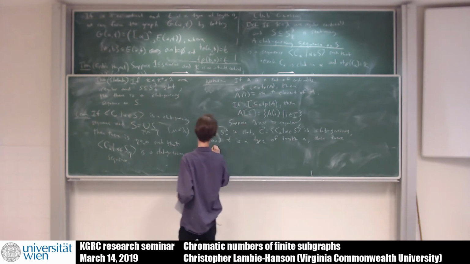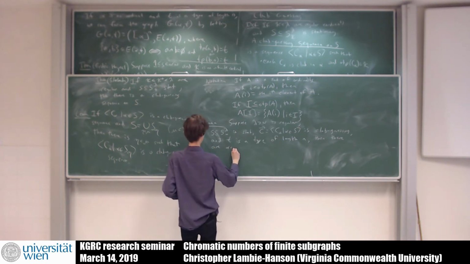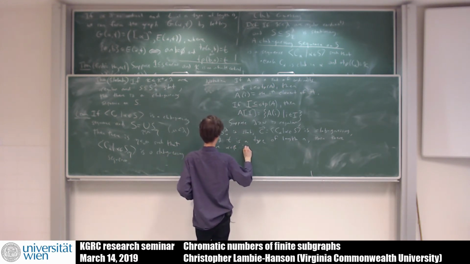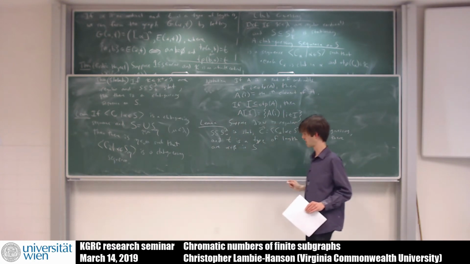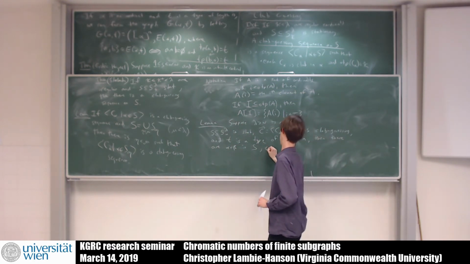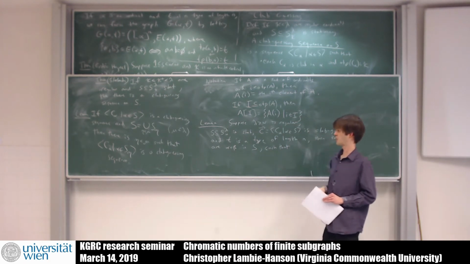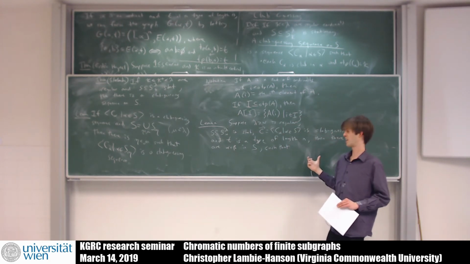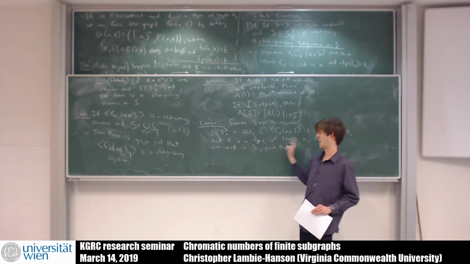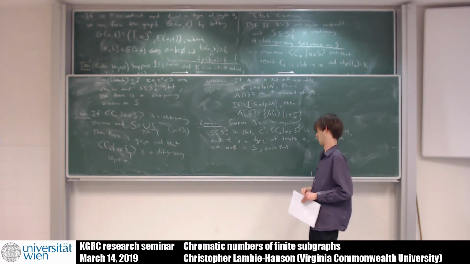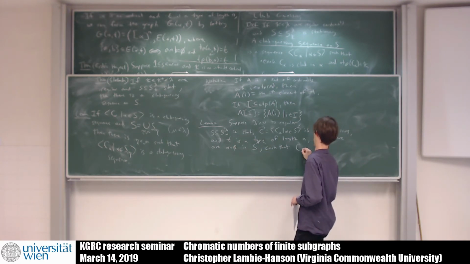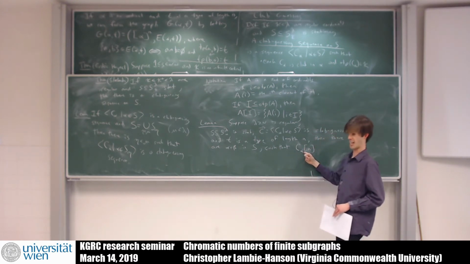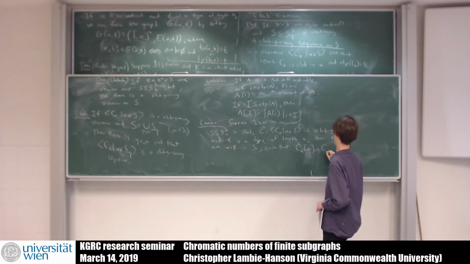Then there are alpha less than beta, both in S, such that the initial segments of C_alpha and C_beta of length n witness this type. Such that C_alpha restricted to n, this is the first n elements of C_alpha, is disjoint from C_beta.